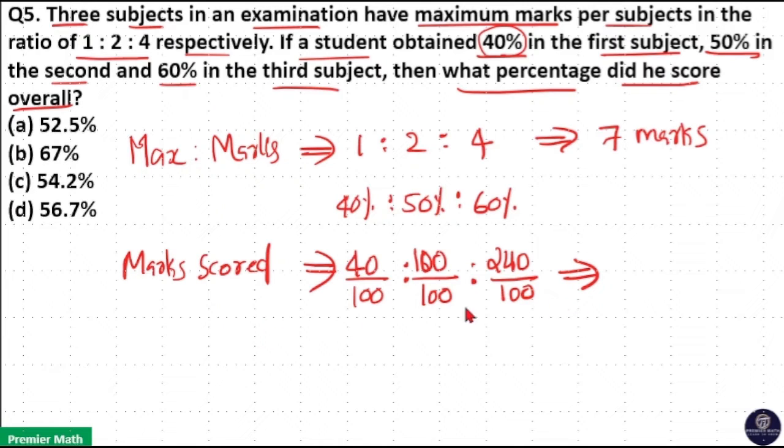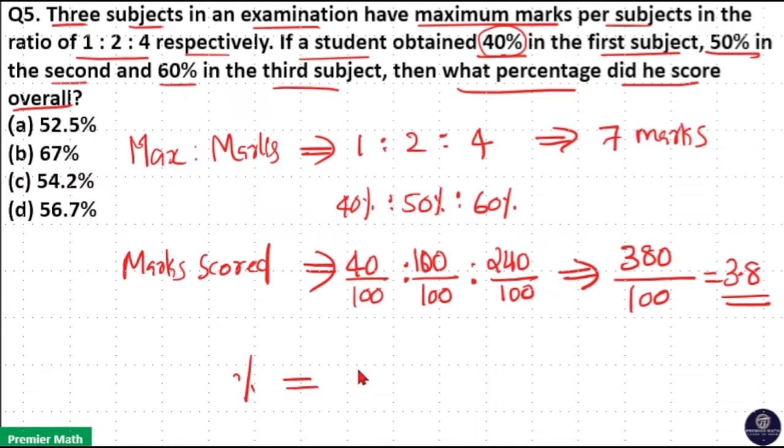Then total marks he scored in these three subjects is equal to 40 plus 100 plus 240. That is equal to 380 by 100, which is equal to 3.8 marks. That is, out of the 7, he scored 3.8 marks. Then percentage of marks he scored is equal to 3.8 by 7 into 100. He scored total 3.8 in these 3 subjects and total maximum mark for these 3 subjects is 7 marks.